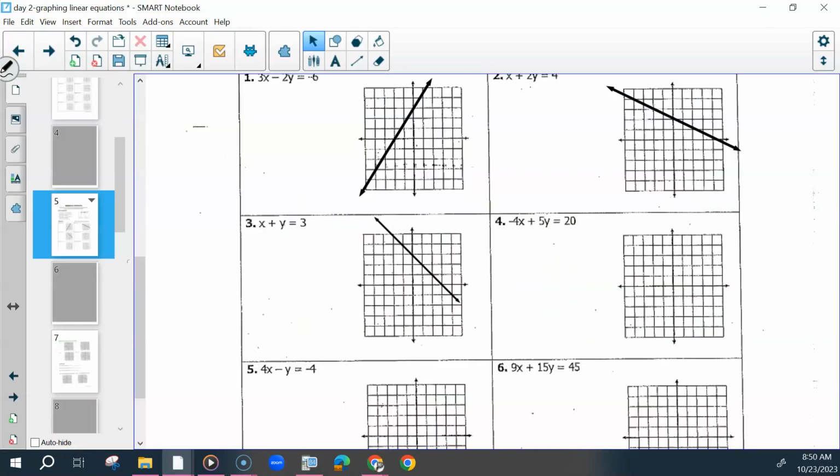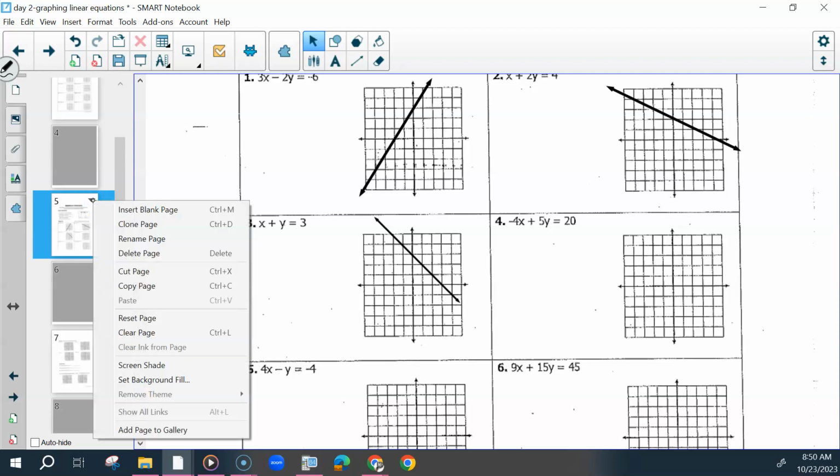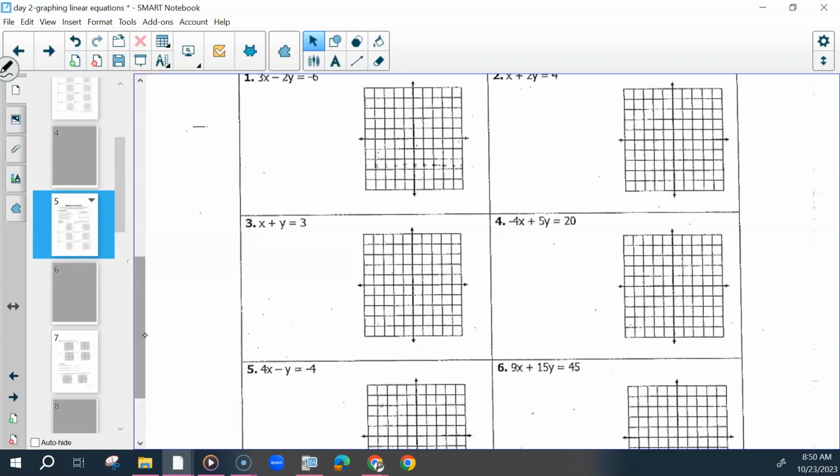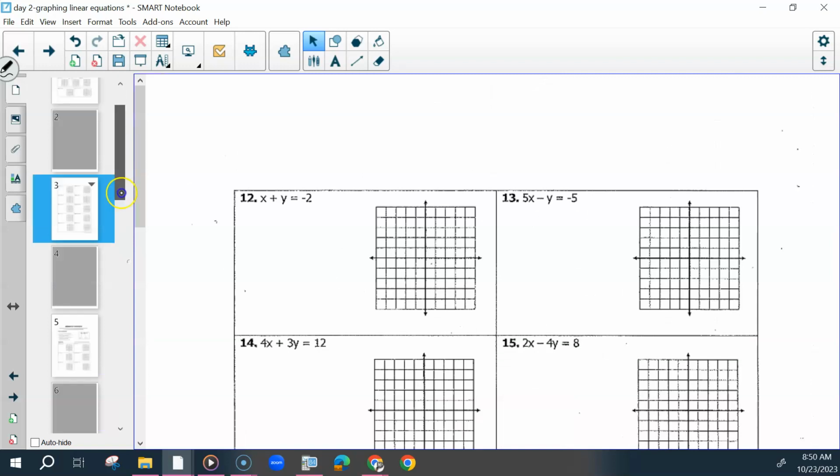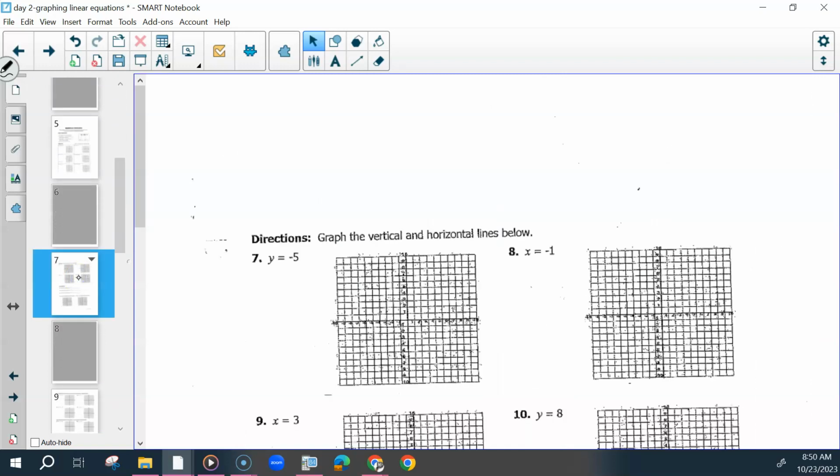I want to say we did the first 2 pages, but we didn't do this page, right? So let's start on that.